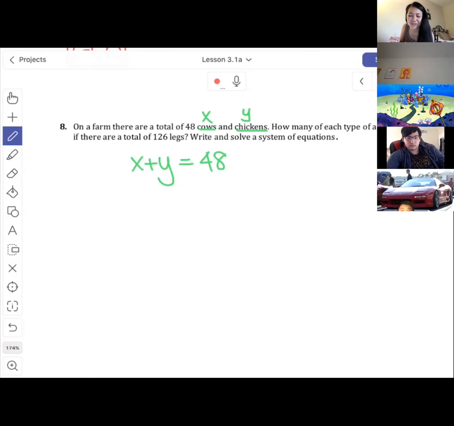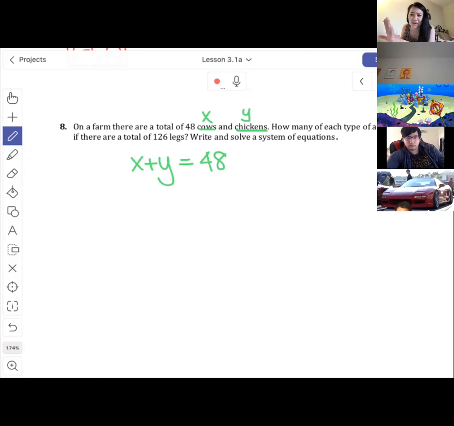Okay, so the X number of cows, and there's 4 legs. I'm not really sure. Okay, if I have 2 cows, how many legs? 8 legs. If I have 5 cows, how many legs are there? 20. If I have X number of cows, how many legs are there?